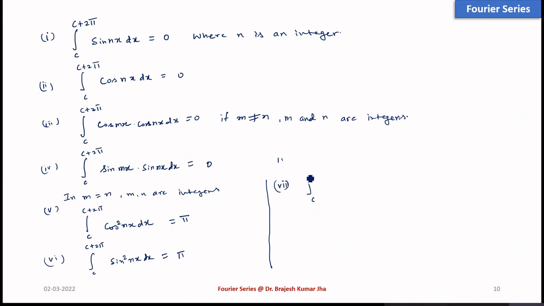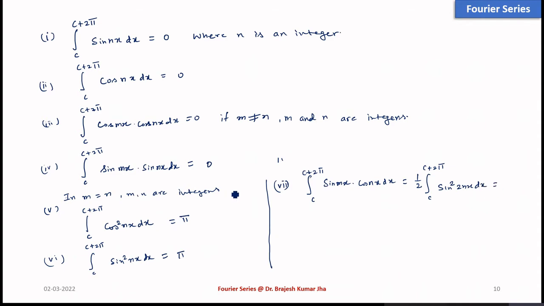So that I could write here the formula. Again, integration from c to c plus 2 pi of sin mx cos nx dx is equal to 1 by 2 times the integral from c to c plus 2 pi of sin 2nx dx.